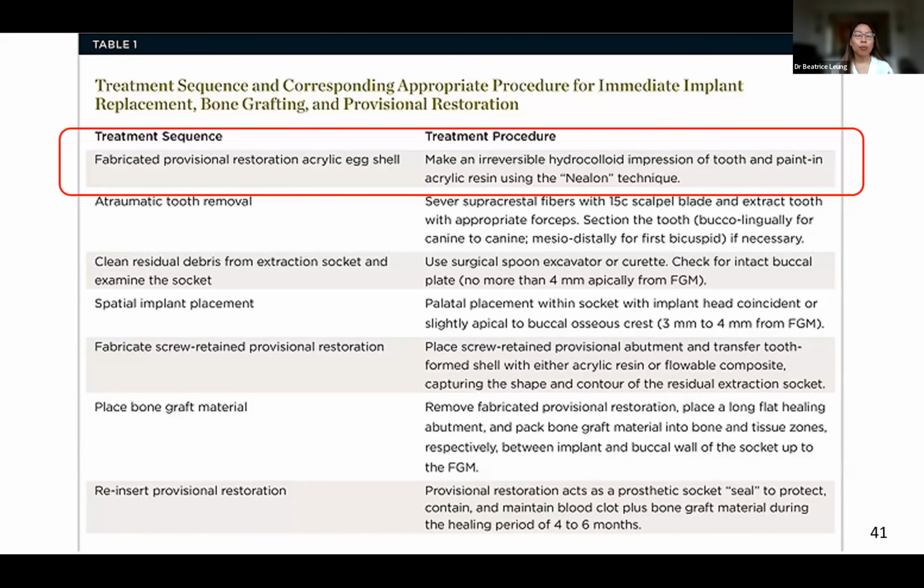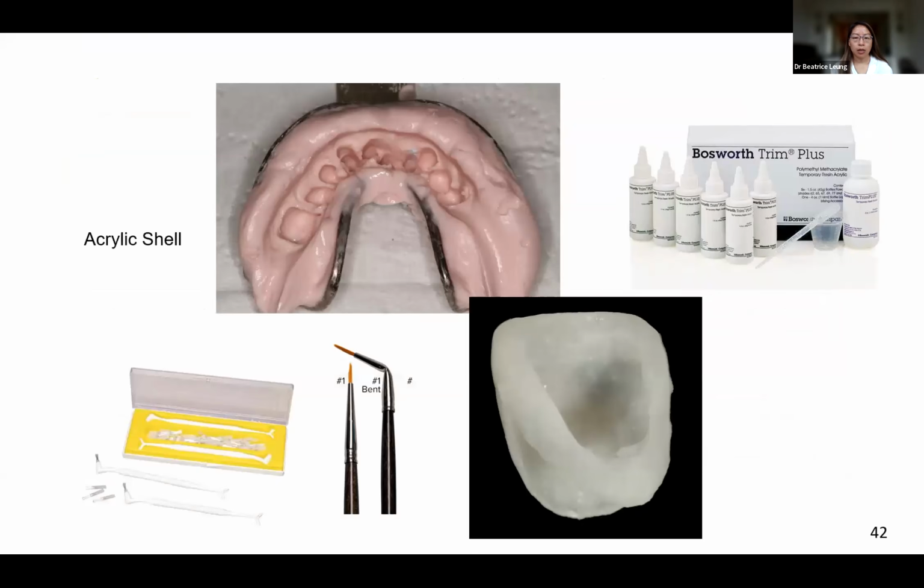So how do you plan so that on the day of the surgery, you know how to make your temporary crown? So in this particular article, Dr. Stephen Chu talked about taking an alginate impression and using that impression to make a shell of acrylic out of the tooth. Okay, so this is something that you can certainly consider doing.